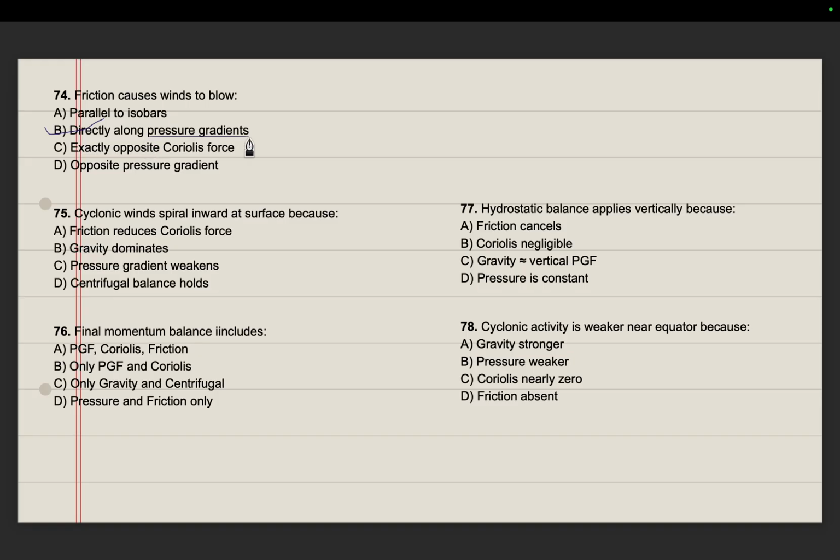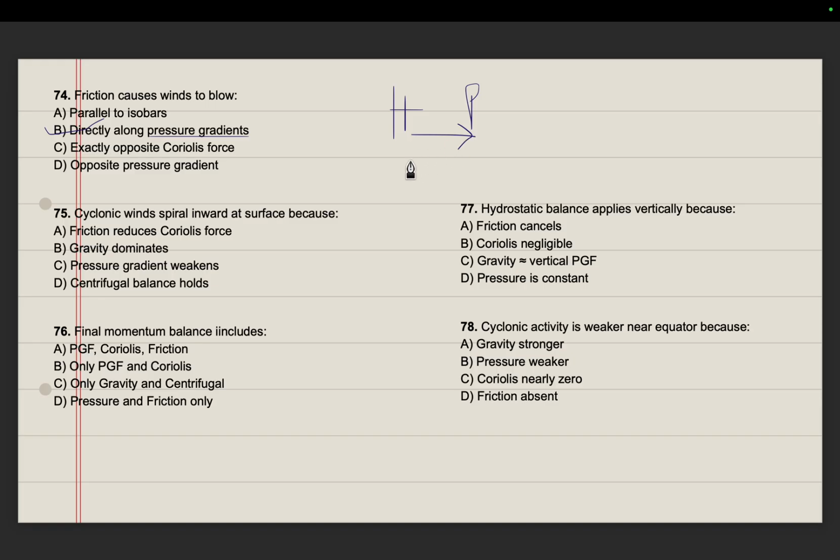But the pressure gradient is from high pressure to low pressure, there will be movement of air.